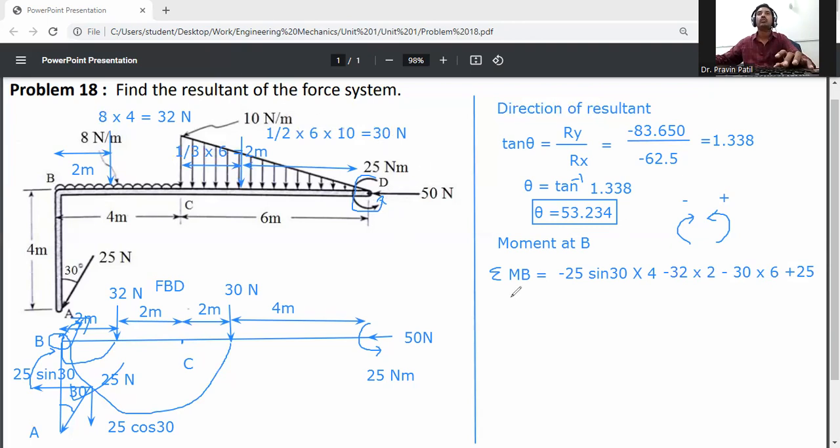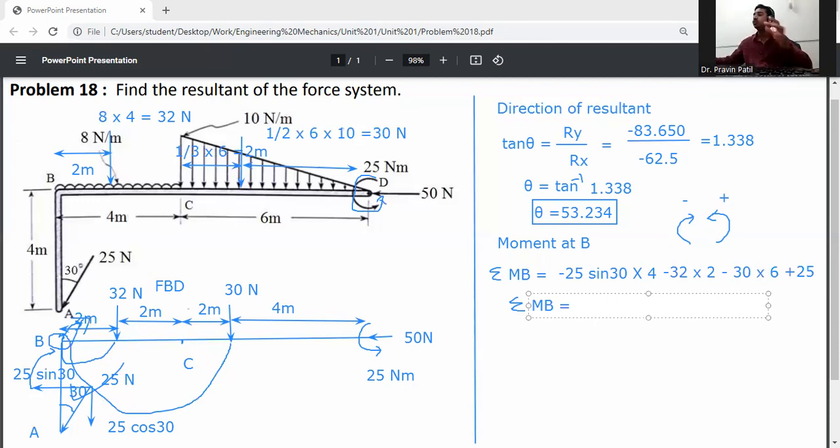So the summation of MB, the moment at point B, will be minus 25 sin 30 into 4, then minus 32 into 2, then minus 30 into 6, then plus 25.